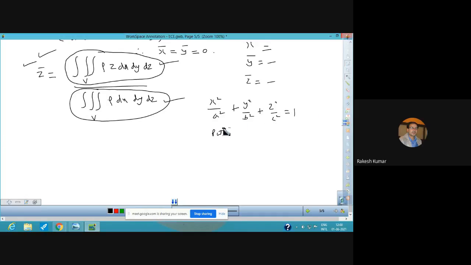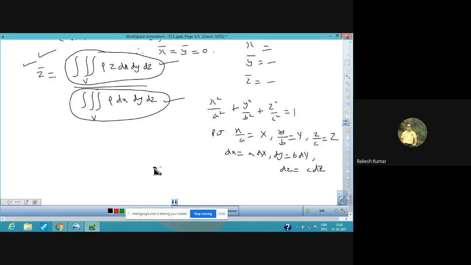You can convert the ellipsoid into a sphere by using the substitution x over a is capital X, y over b is capital Y, z over c is capital Z. So dx is a capital dX, dy is b capital dY, and dz is c capital dZ. This is just to make things simpler, and it will become over V.